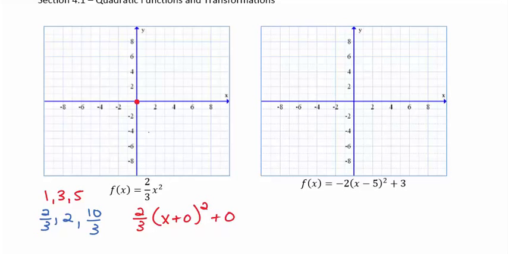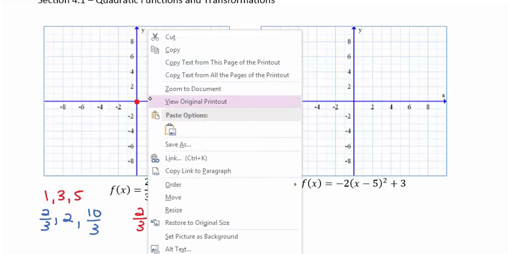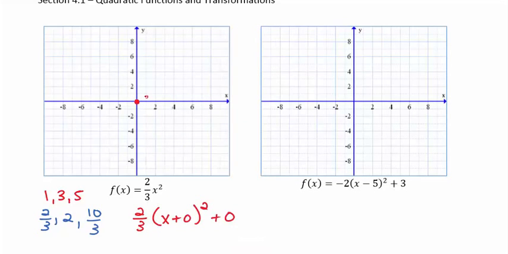Don't worry about the fraction. You've got a calculator. Let it handle it if you need it. So now instead of up 1, up 3, up 5, we're going to go up 2/3. You just have to kind of estimate it. And then from there up 2. And then lastly up 10/3, which would be 3 1/3.